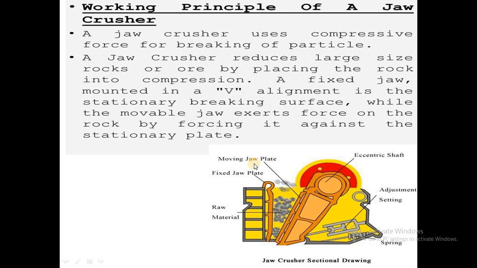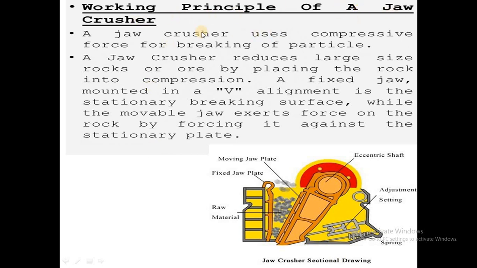The movable jaw plate is at the right side and the fixed jaw plate is at the left side. Then raw material, that is stone particles or ore particles, is inserted at the top. Then this is the wheel, then adjustment settings, and these are the springs for movement of the movable jaw plate. So this is the jaw crusher sectional drawing.